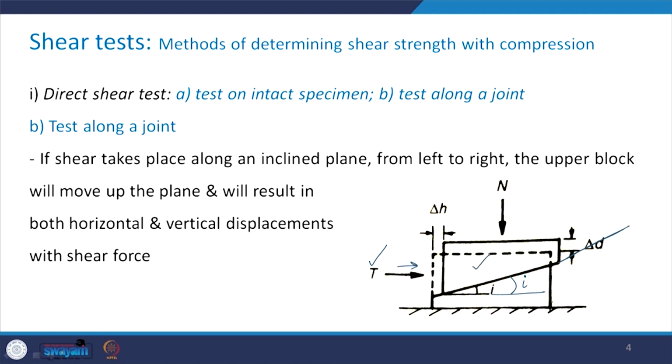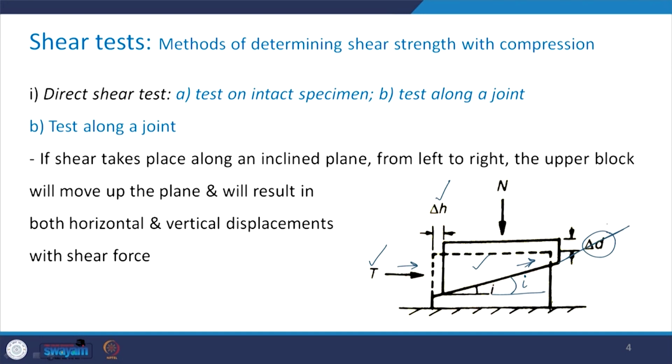This upper block will try to move upward, in this direction along this plane. Because this plane is sliding, there will be horizontal as well as vertical deformation.